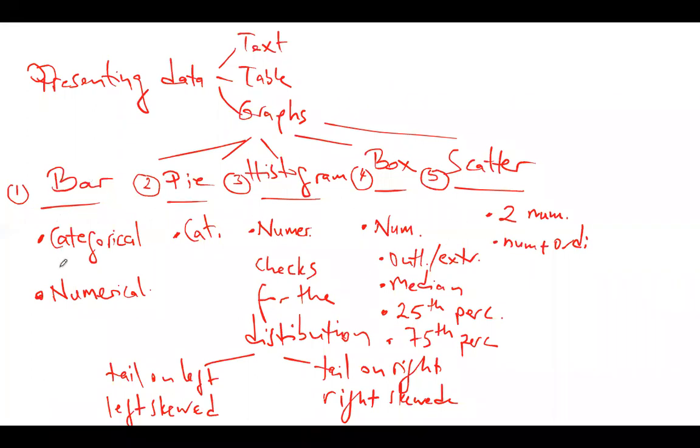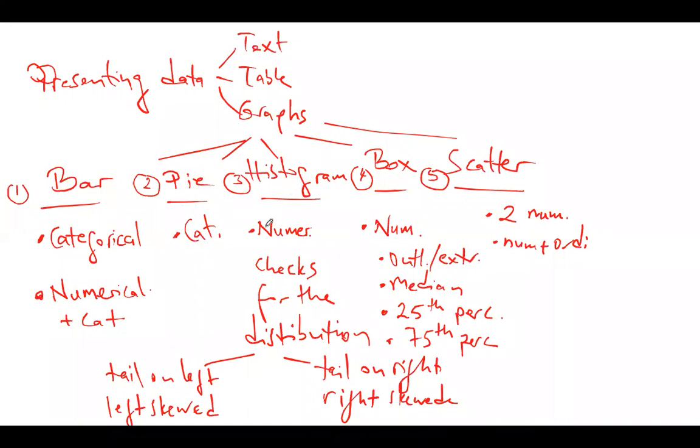The bar graph can be used for categorical variables, but it can also be used to display a numerical variable in different categories. So numerical plus categorical, I should mention. A pie graph is used only for displaying categorical variables.